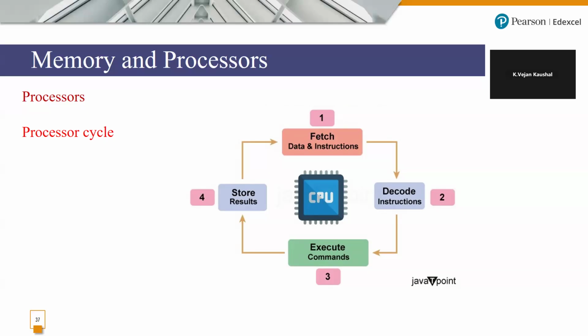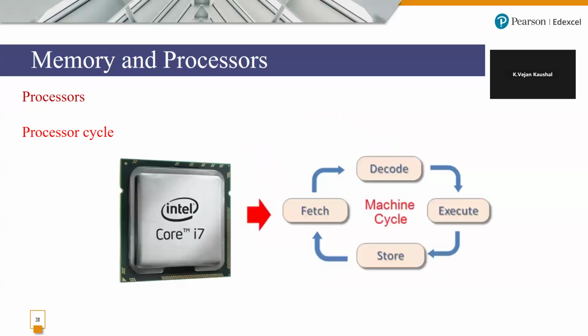Then it is executed. After that, the result is stored. Sometimes they talk about just fetch and execute: fetch the data, decode it, execute it, then output. We call this the machine cycle because it is converted into machine code. But you have to write processor cycle, which means fetch and execution cycle.